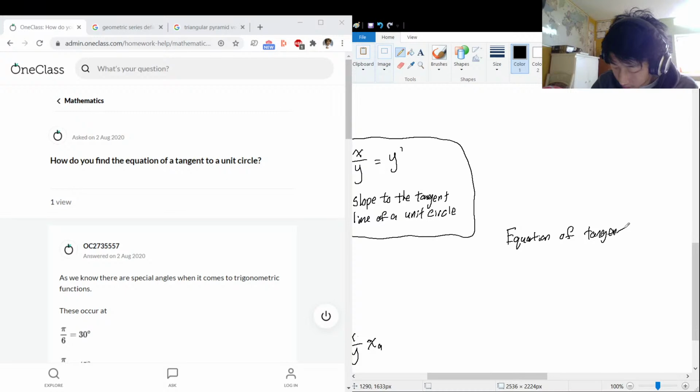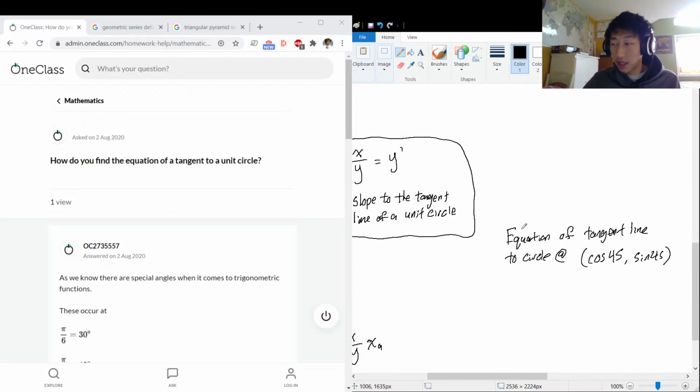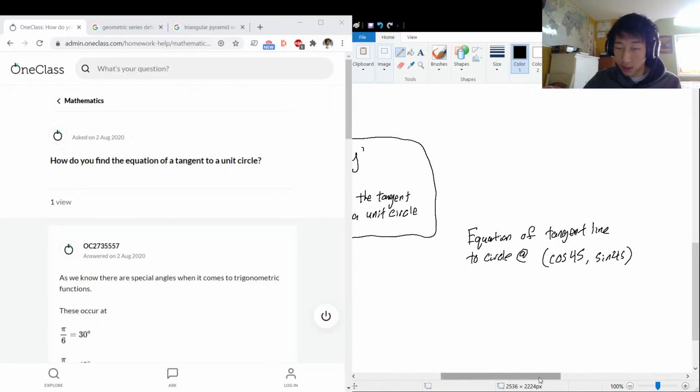Of a tangent line to the circle at the point, we know one point that we certainly know is on the circle, which is cos 45, sine 45. Okay, so let's say we want to find the specific answer for this.